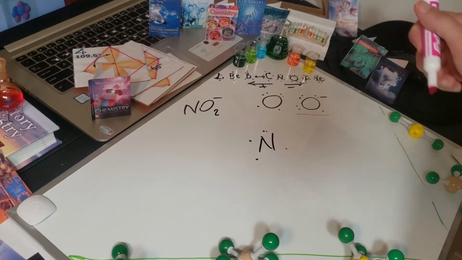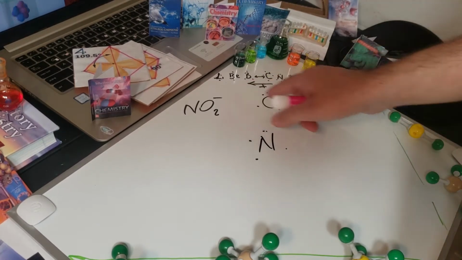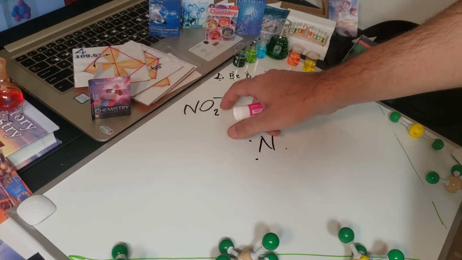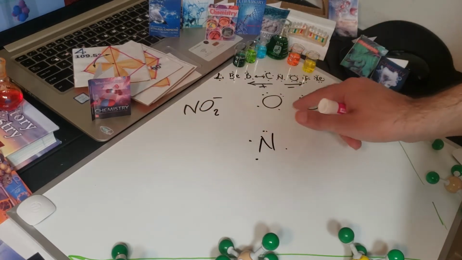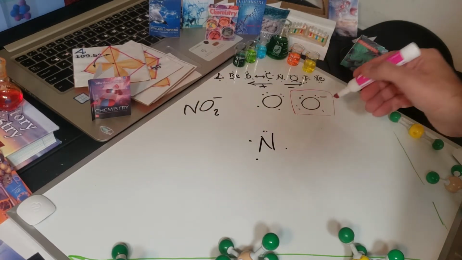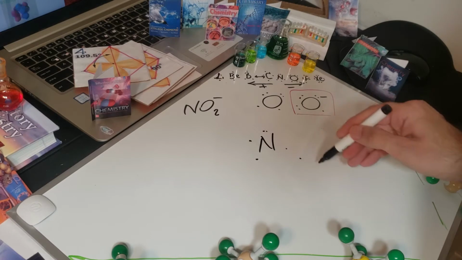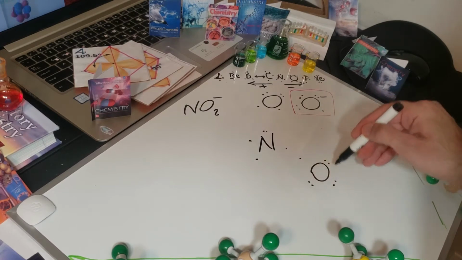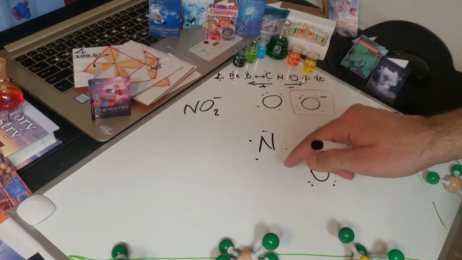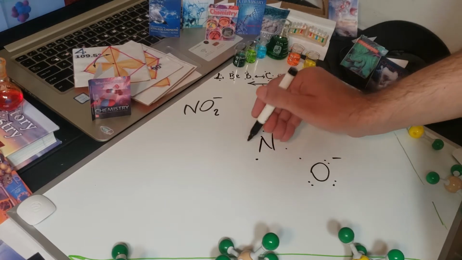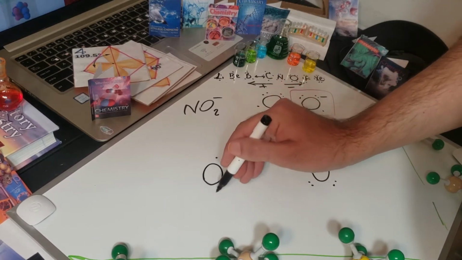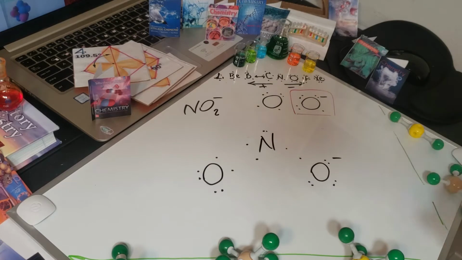When you have negative oxygens, there are two things. First, put the number of oxygens with negative charge to make it the same charge as your molecule, and then you first take care of your negative oxygens, which are just like fluorine or group 7 halogens, and they only need one bond. I take care of that first, and then there is one oxygen left, so I put my other oxygen here with two lone pairs.